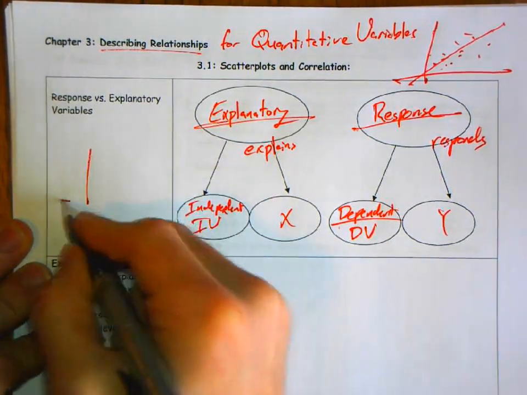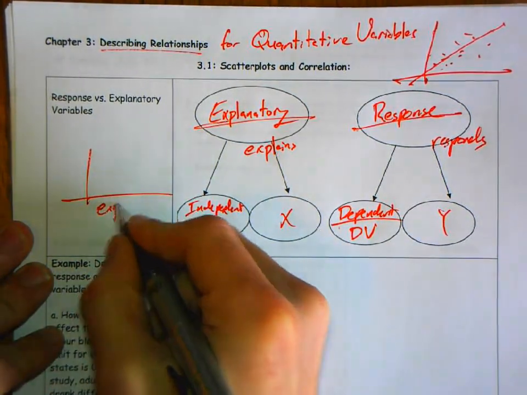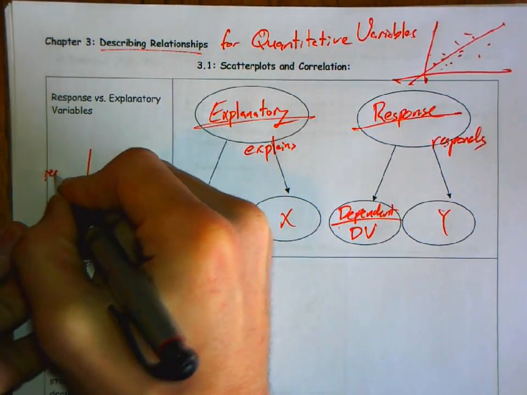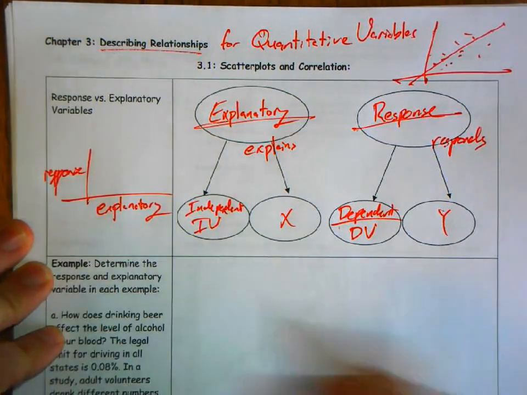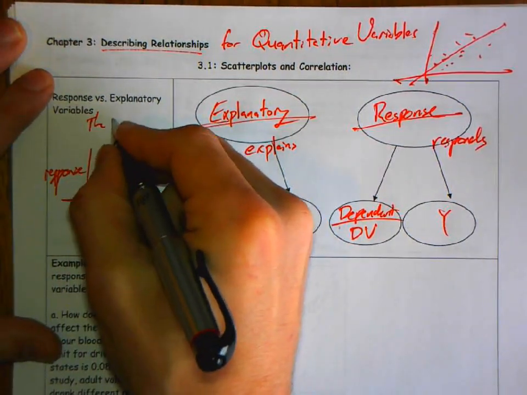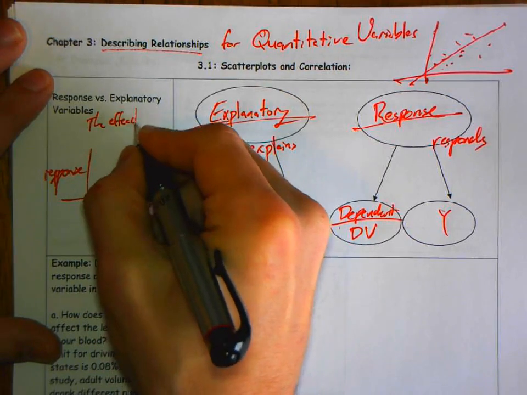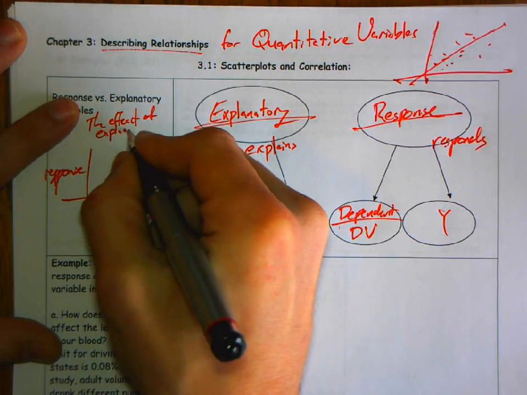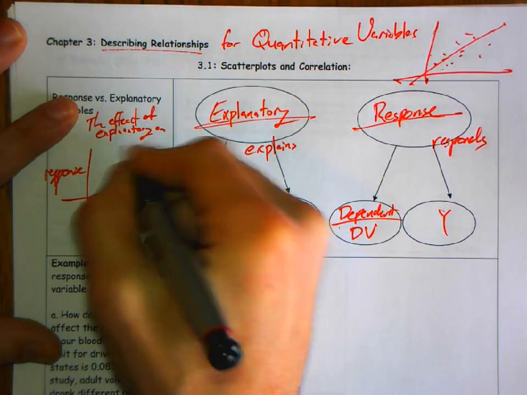So again, this will be explanatory and response. And we're going to have to title these graphs. It's often going to be the effect of explanatory on response.